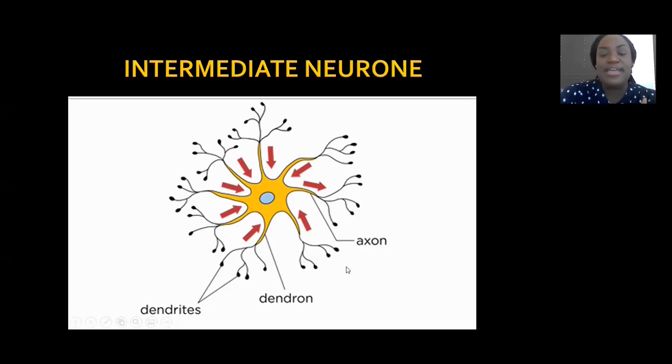What really stands out about this particular neuron versus the other two? Can anyone tell me? What would you say is different? The length is shorter, no axon terminal, the myelin sheath.